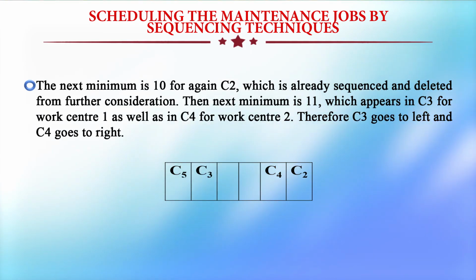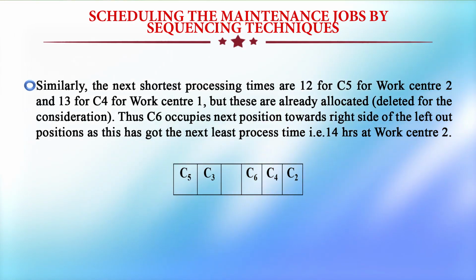The next minimum is 10, again for C2, which is already sequenced and deleted from further consideration. Then the next minimum is 11, which appears for C3 at work center 1 as well as for C4 at work center 2. Therefore C3 goes to the left and C4 goes to the right. Then C5, C3, and C4, C2 are placed, and 2 more jobs have to be allotted. The next shortest processing times are 12 for C5 at work center 2 and 13 for C4 at work center 1, but these are already allocated.